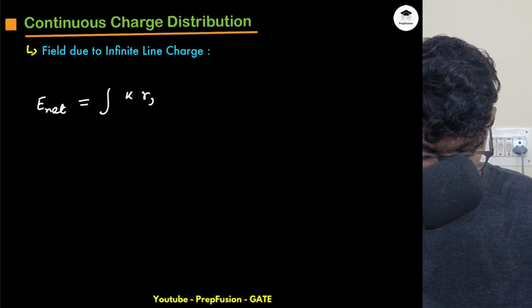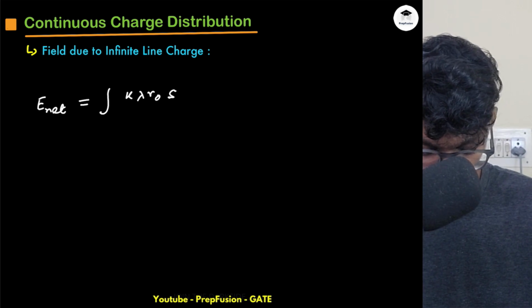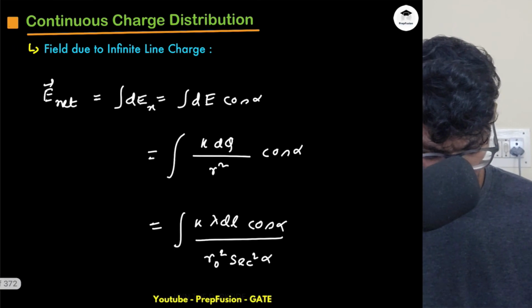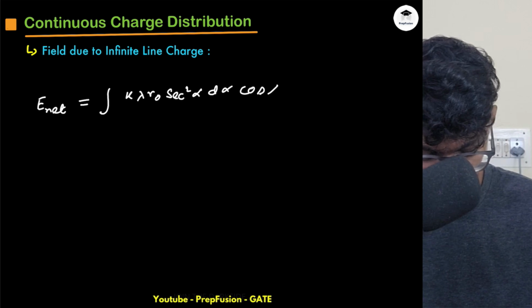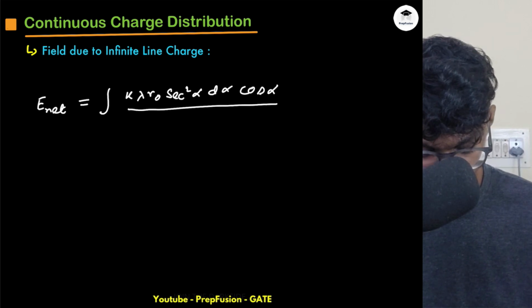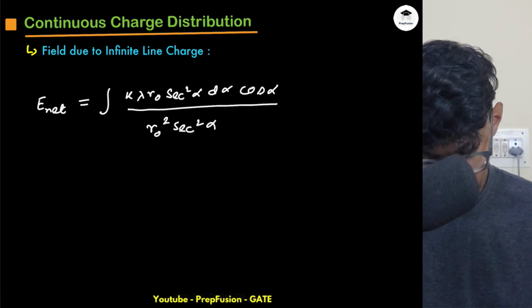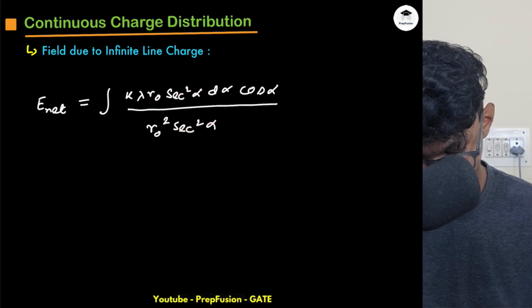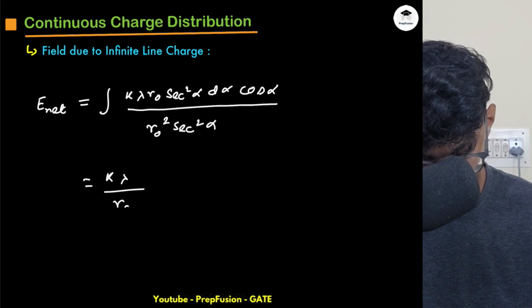I will write lambda times R naught sec square alpha d alpha, times cos alpha, divided by R naught square sec alpha. So this and this will get cancelled. R naught is constant anyway, and k lambda is also constant, right? Lambda by R naught will come outside.